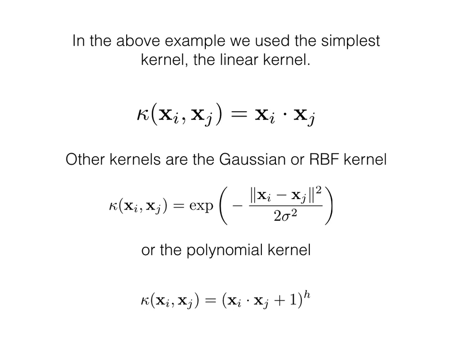The first one is the linear kernel, where we just take the dot product. Then there's the Gaussian or RBF, radial basis function kernel, which we saw before. Another common kernel function is the polynomial kernel, which takes the dot product, adds 1, and then raises that to the power h, which is the size of the polynomial.